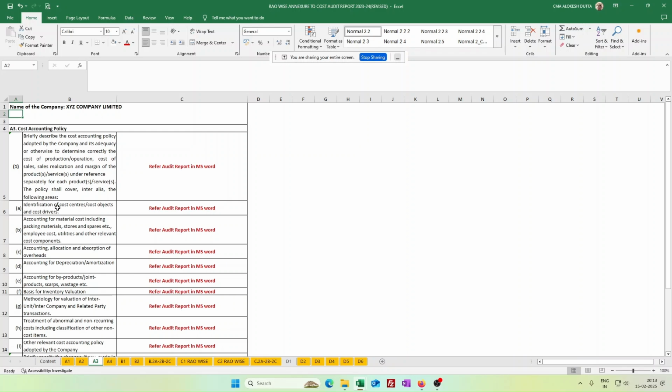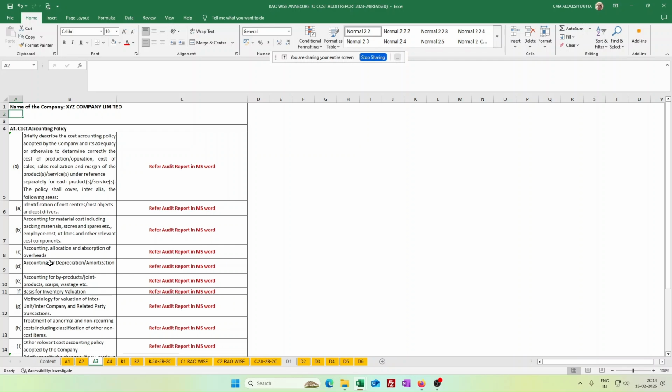Second point, identification of cost center, cost object and cost driver. Third point is accounting of material cost, including packing material, stores, spares, employee cost, utilities and other relevant cost component. Accounting of allocation and absorption of overhead. What is the method? These are the policy, how the company will treat all these items.